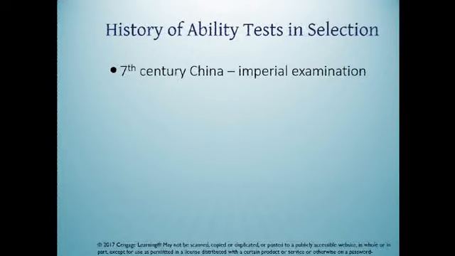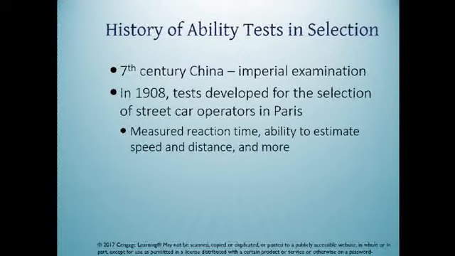So this is the earliest recorded example of testing used in selection. This was not really an ideal test since applicants were not tested on their skills relevant to the bureaucracy, but they were tested on their knowledge of the classics in literature in China, among other things, so not really ideal testing. But we do see this notion emerge again in Paris.